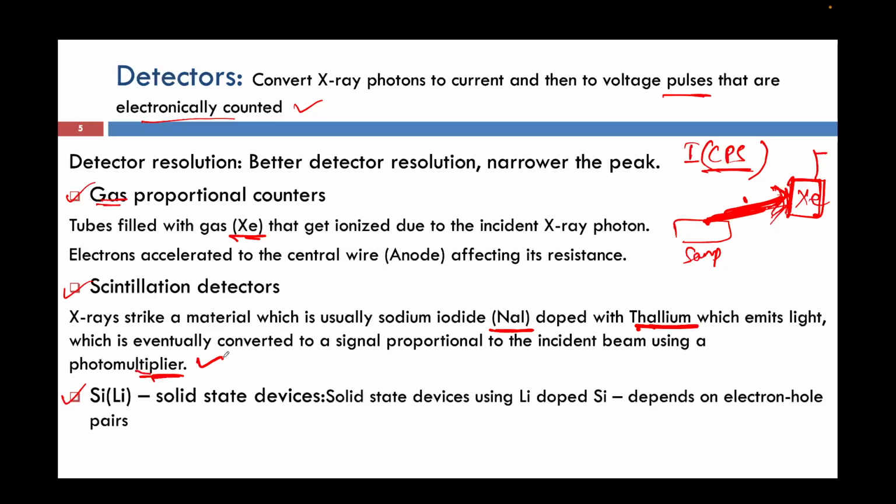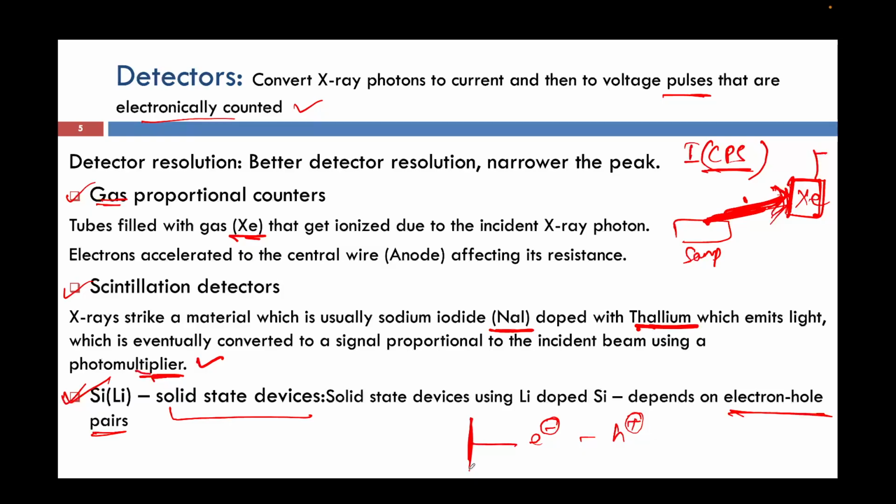And silicon doped lithium is a solid state device. This is the detector which is used in most modern X-ray diffractometers. Here we count the electron hole pairs, how many electron hole pairs are generated. Once the pairs are generated, we apply bias.